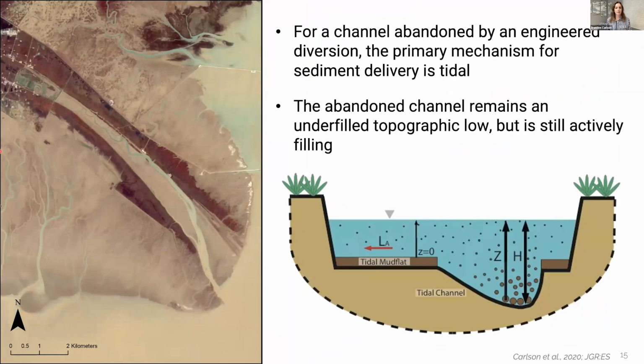Okay, so we have this distributary channel. Again, here are the levees in this schematic. Within it is a tidal channel. And when we have either high tide events or events that are enhanced by storm events, sediment that is being transported or perhaps eroded by tides and waves along the Yellow River Delta front can be suspended and carried towards the distributary channel, and it can deposit on the surrounding mudflat.